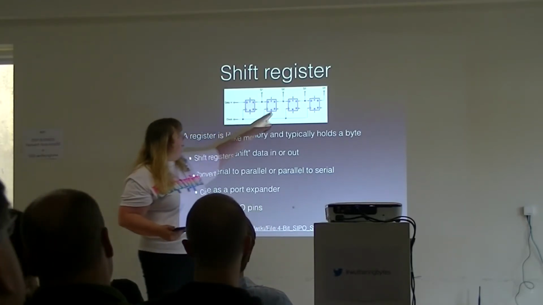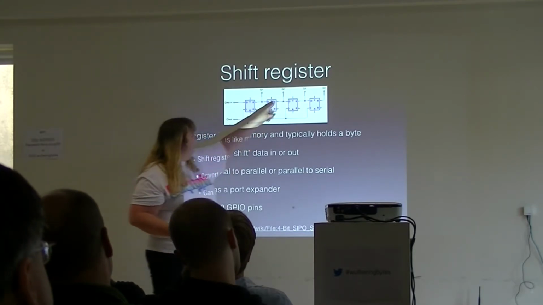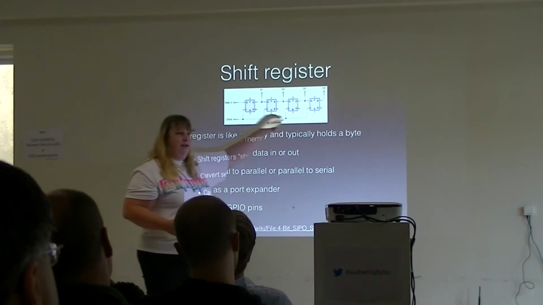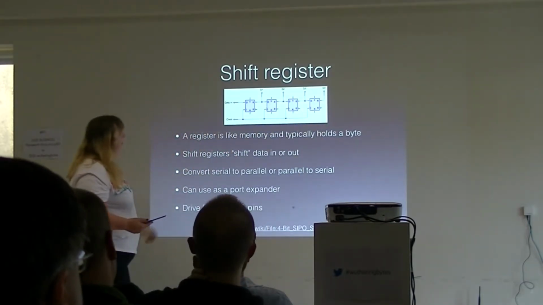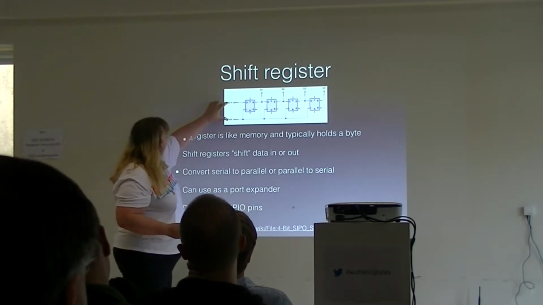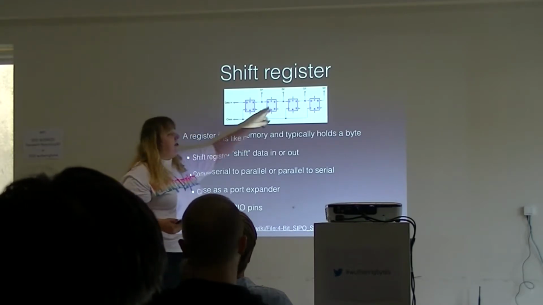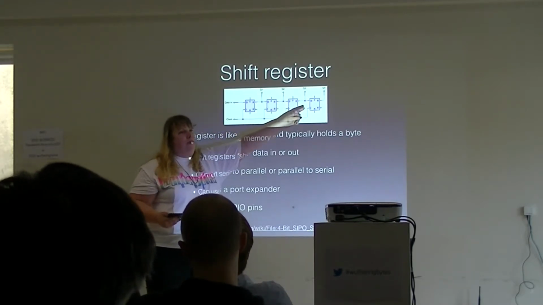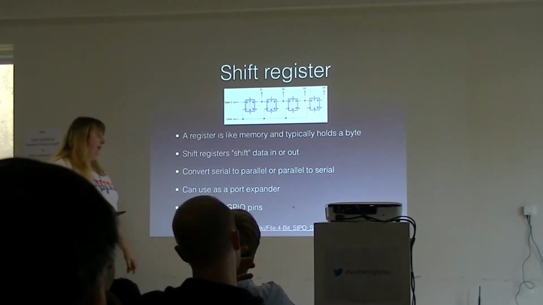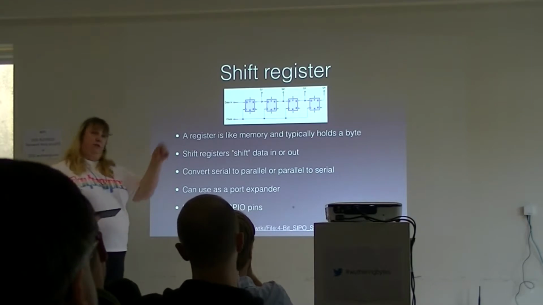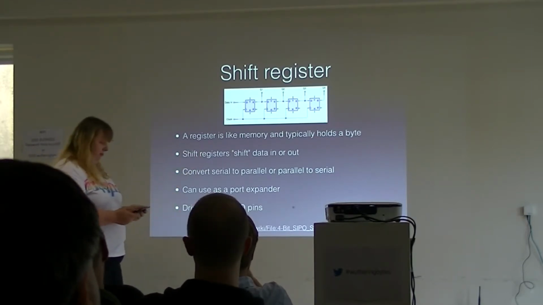If you pulse it again, the high moves to that one. If you pulse it again, the high moves to that one, and so on, and it shifts down there. So by setting the value of that and pulsing that, you can set more than several outputs from just 2 pins. I know our shift registers work the other way around, but we'll just talk about that. So we can drive them just from 2 pins.